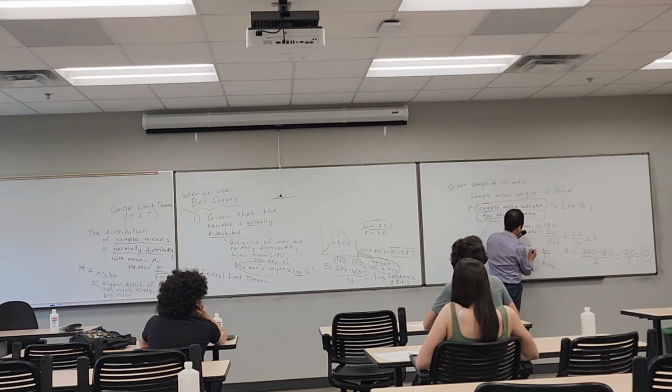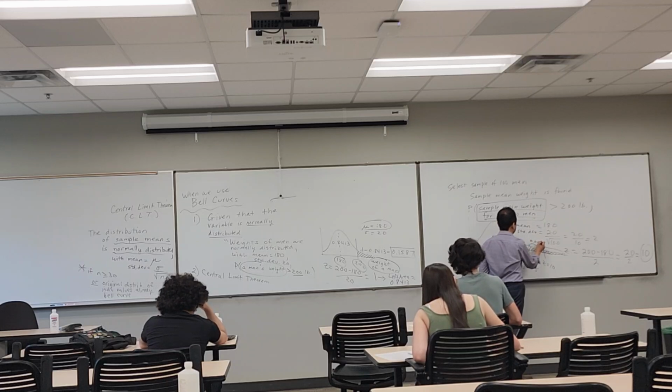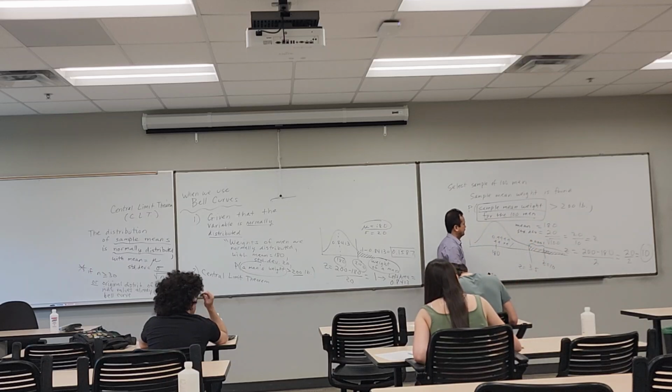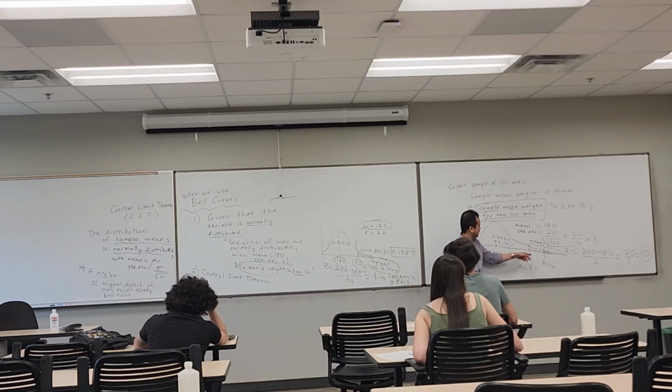Yeah, it would be 0.0001. So if the z-score had been 3.5, then the right area would have been 0.0001.